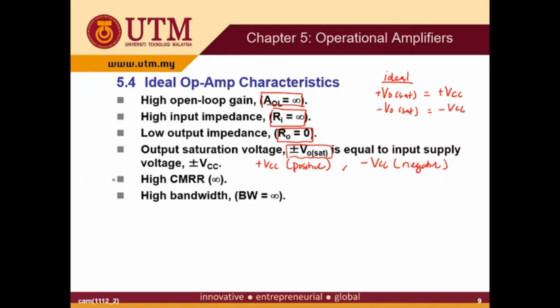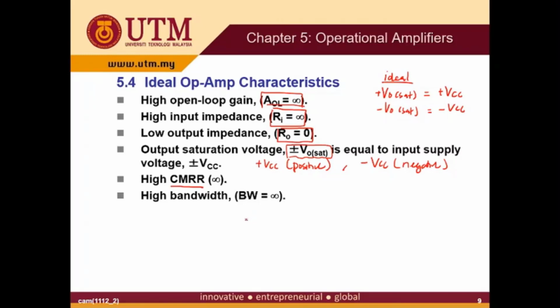Okay, and then there is high CMRR, the common mode rejection ratio. For a differential amplifier, the amplifier operates to amplify the difference between two inputs. At the same time, the circuit will have another mode, which we call the common mode. Common mode is the averaging of the two inputs, and the circuit amplifies that average.